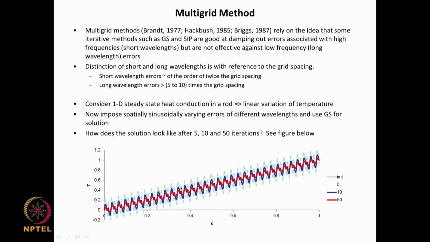So, that is a variation being imposed on this, and we would like to see that if you take this wavy T as your initial guess, then after how many iterations the waviness disappears and we get a perfectly linear variation. That is what we are trying to see here. It is difficult to see in this, so we have a magnified version here.